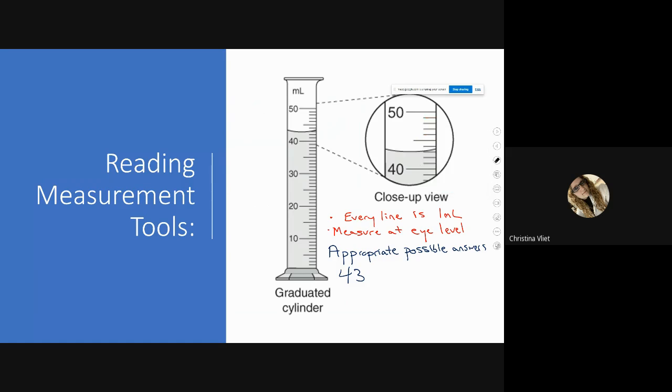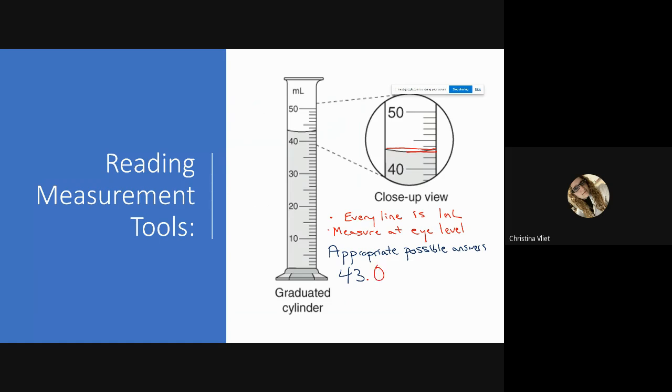Is there a possibility you could have had a water level that was in between 43 and 44? Yeah. Was that a possibility? Yes. If that happened, what would you have written as an answer? 43.5. But that's not 43.5. This actually looks to me like it's resting pretty much on that line. So what would we say? 43? 43.0.